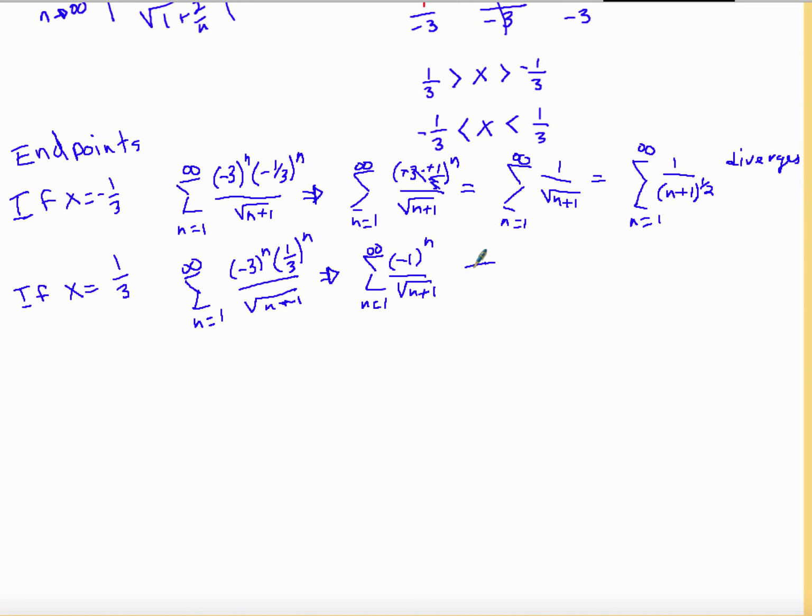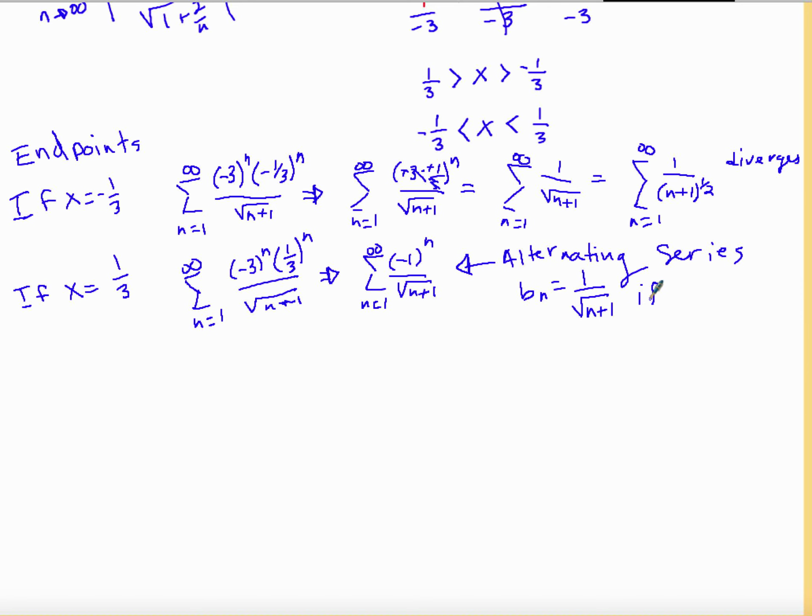In this case, our b sub n, the non-alternating part, is 1 divided by the square root of n plus 1. This is not the series 1 divided by the square root of n plus 1. This is just the non-alternating part of the series, and this rule only works for alternating series, so don't confuse it.